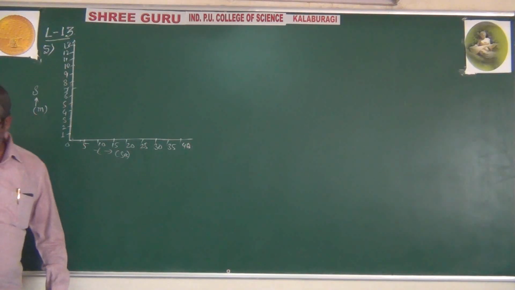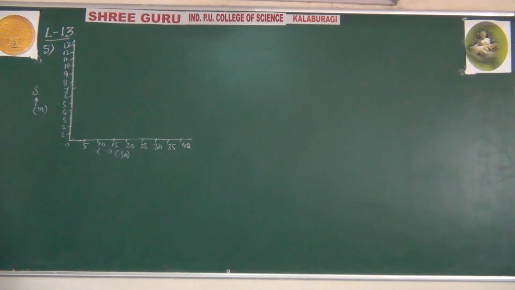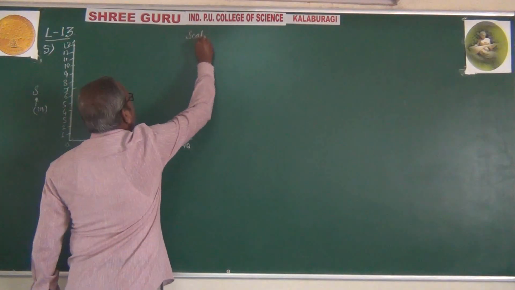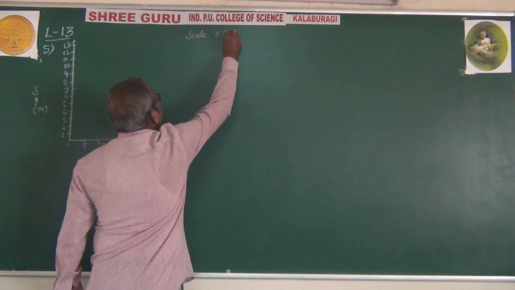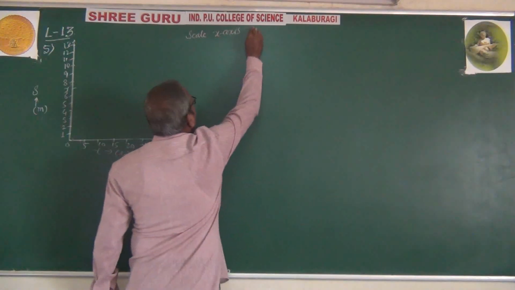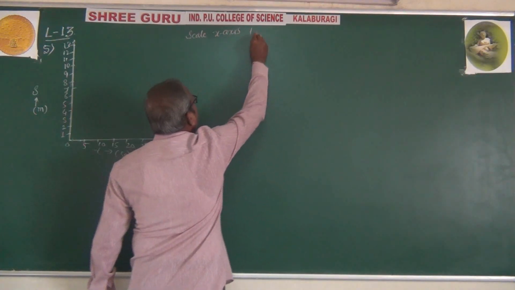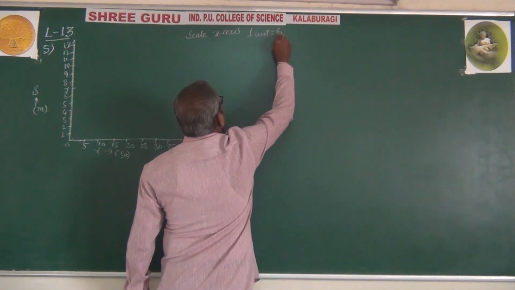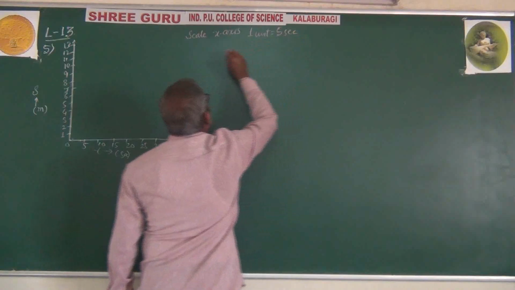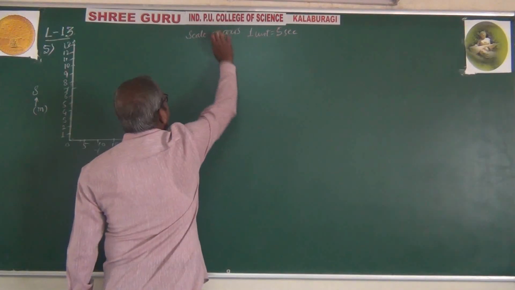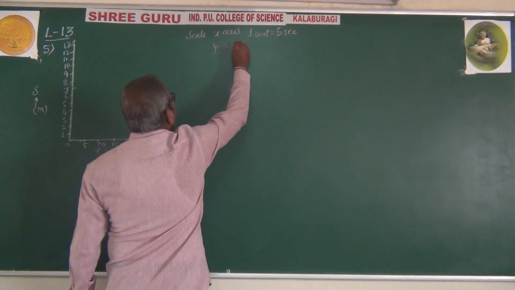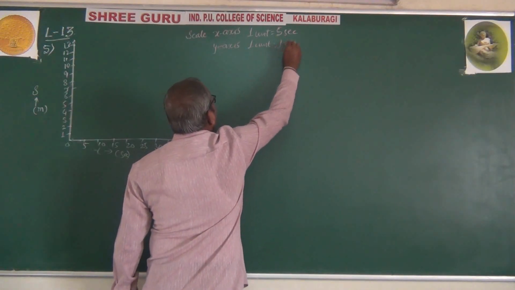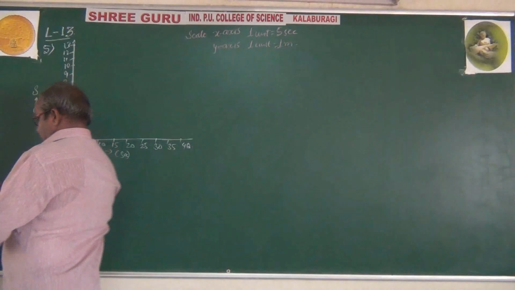Better to choose the scale like this: x-axis, 1 unit equal to 5 seconds, y-axis, 1 unit equal to 1 meter.